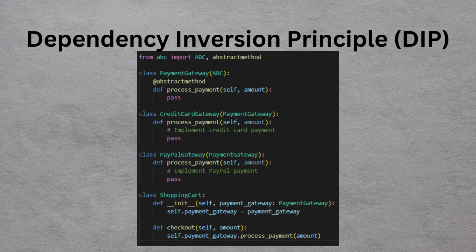Finally, we've updated the shopping cart class to depend on the payment gateway abstract class. By using an abstract class to define the payment gateway contract, we can create a more flexible architecture that is easy to extend and modify. In addition, by depending on the abstract payment gateway class, the shopping cart class is not dependent on the concrete credit card gateway and PayPal gateway classes.